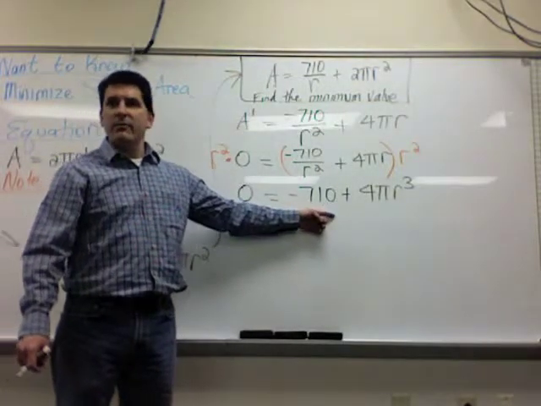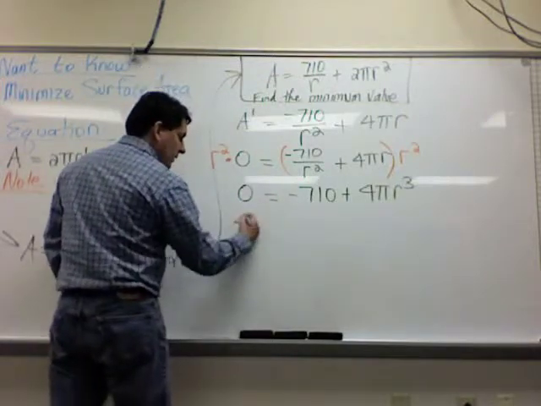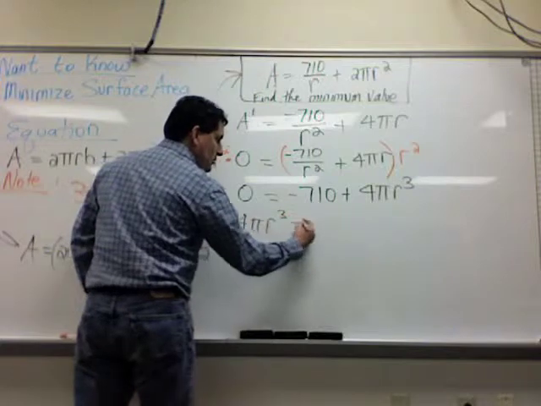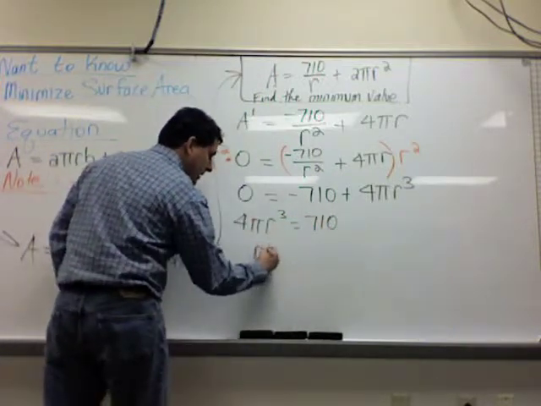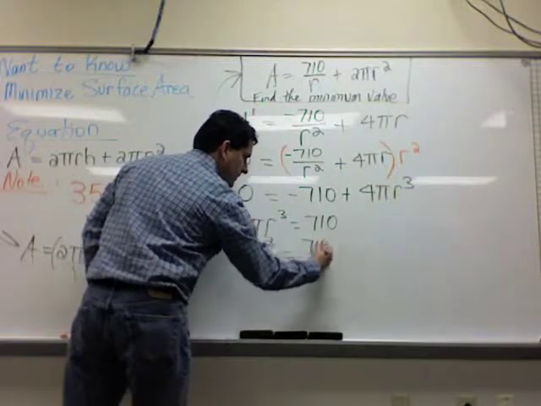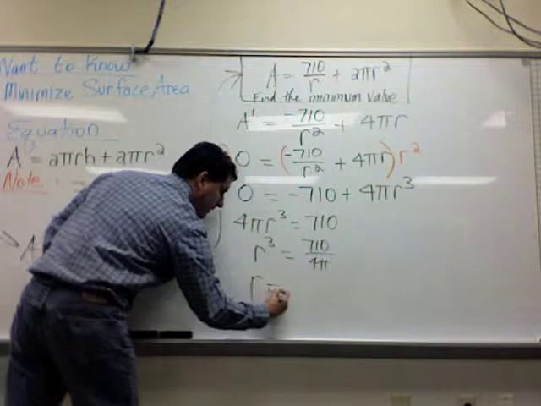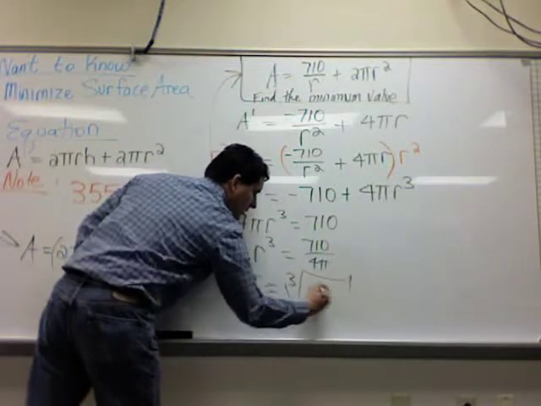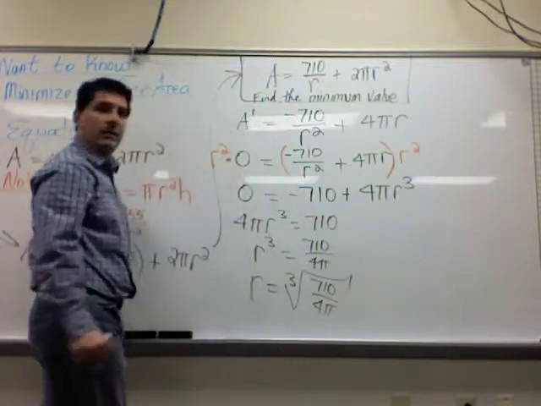We can go ahead and solve this for R easily. So this would be 4 pi R cubed equals 710, divided by 4 pi. And R is the cube root of 710 over 4 pi.